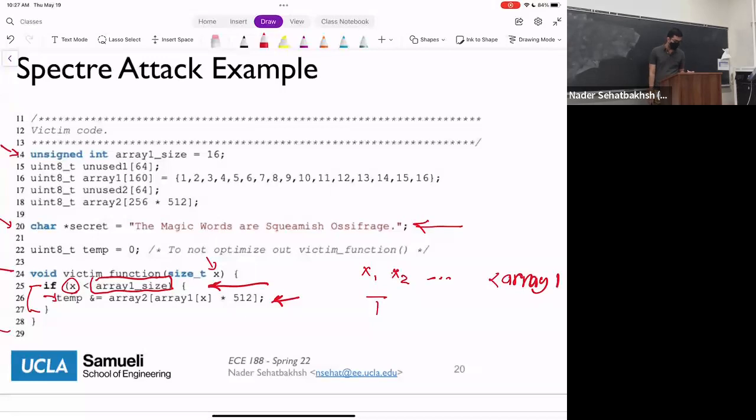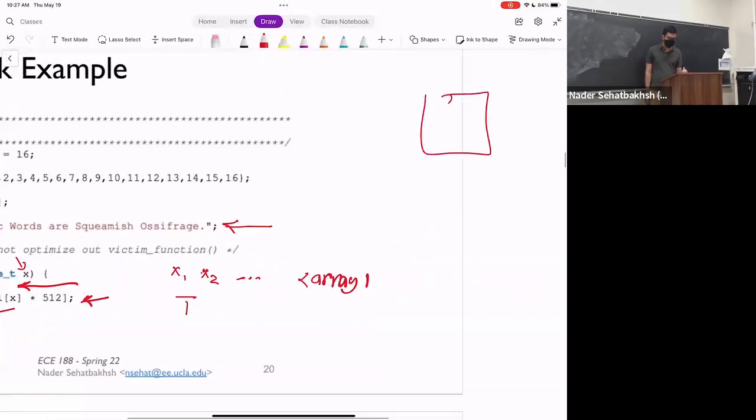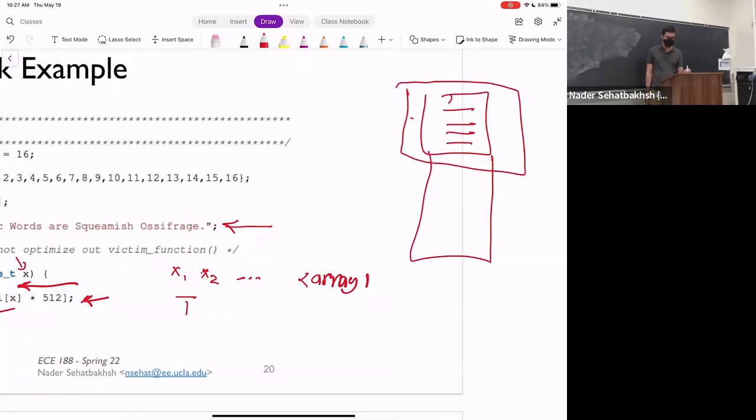All right. So now the attacker sends an X this time that is much bigger than the array size. Given that it's much bigger than the array size, it does not actually access the array; it accesses somewhere outside the supposed array, somewhere here.